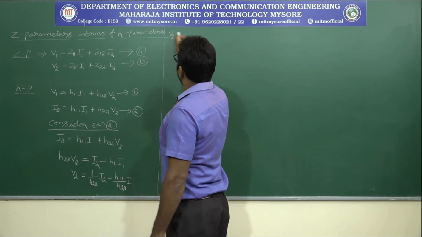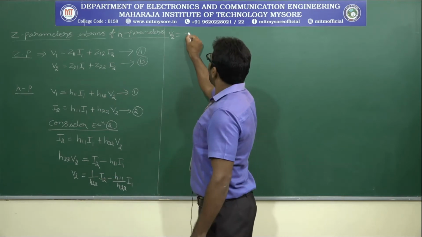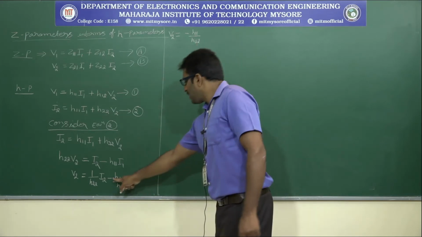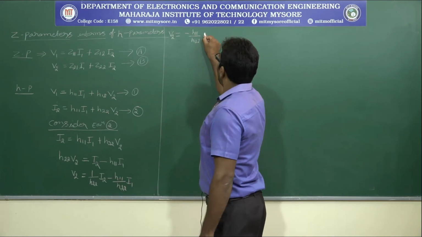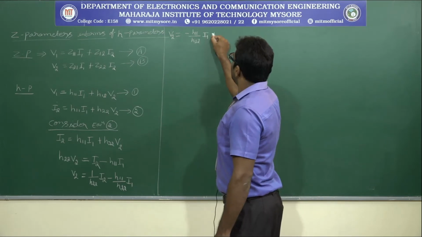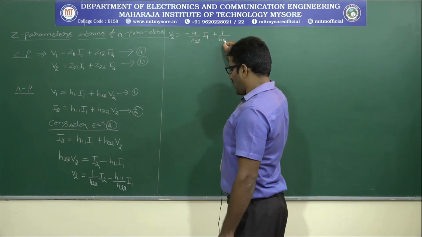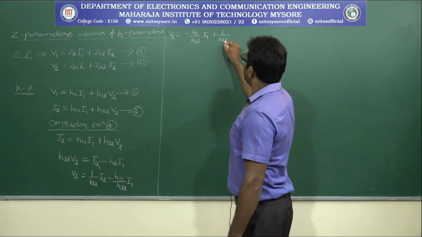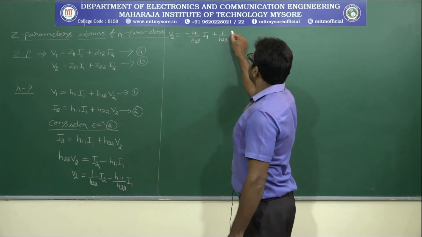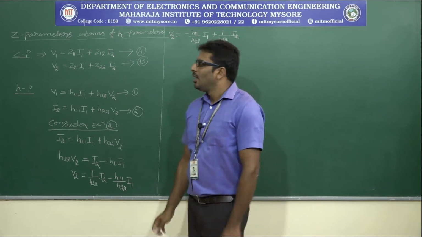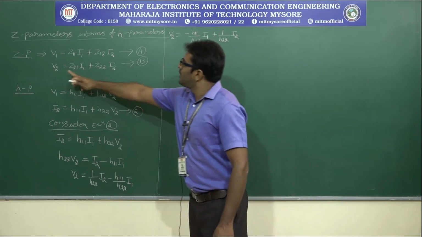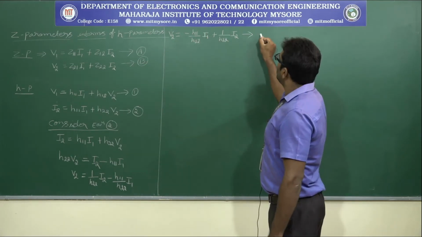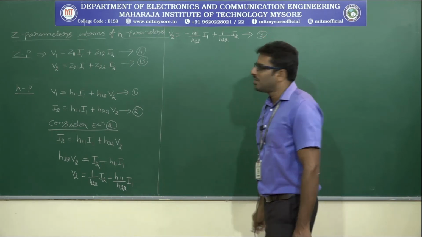V2 is equal to minus H21 by H22 into I1 plus 1 by H22 into the variable I2. Is it clear? Now directly we can compare these two equations, V2, I1, I2. Call it as equation 3.